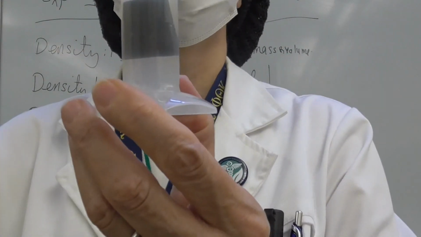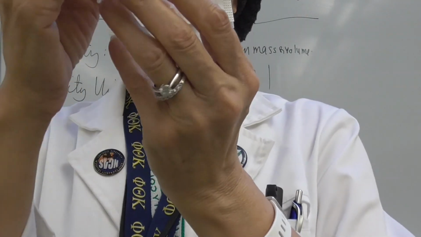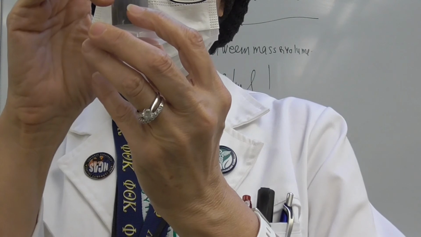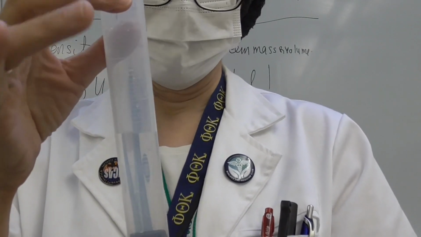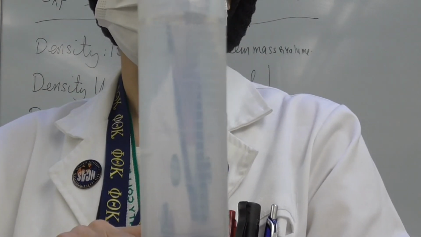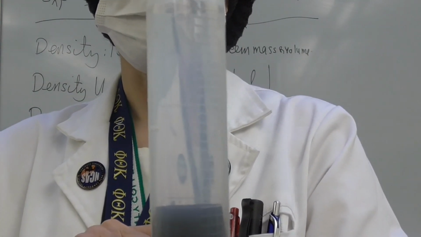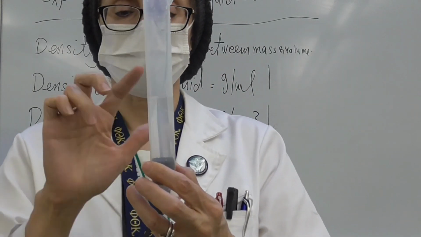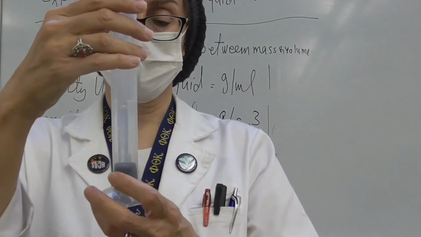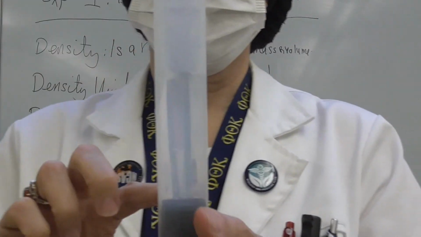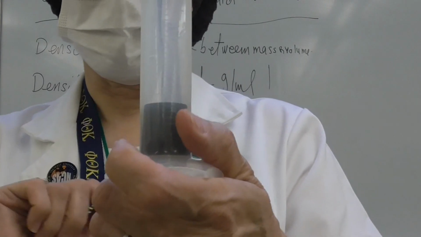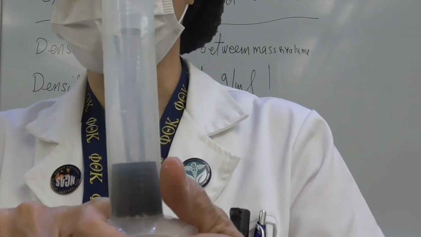Now 25 went into 30, that's 5, 6, 7. So it is 32 after. So it was 25 went into 32. When you subtract 25 from 32, you have 7 milliliters. This is the volume of the rubber stopper.